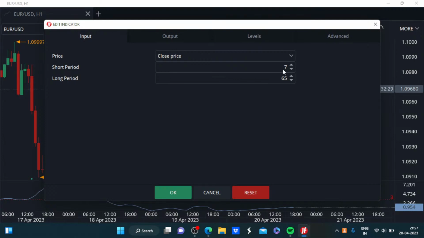So whatever you want to try out, you can do simply by changing the short period calculation value. If you want to keep 7 and 65 as it is, these are the default values. If you want to change, then that option is also open, so you can try out how things work out for you. That is one easy way to work with this indicator.